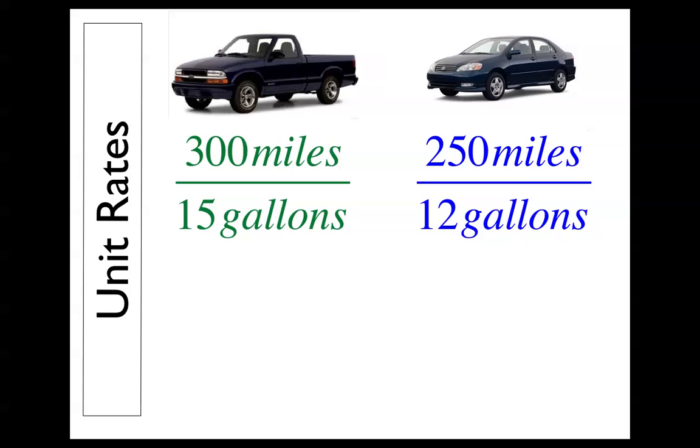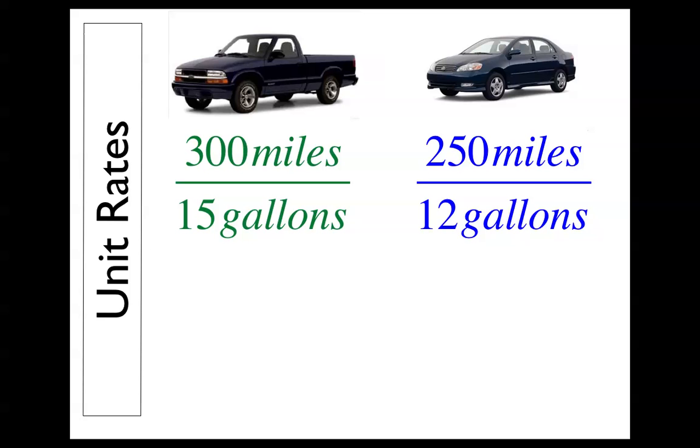But I wanted to know which of these two cars gets better gas mileage, better fuel economy, which one has more miles per gallon. Because if I'm going to sacrifice my manhood and get rid of my truck, I'd at least like to know that I'm not burning as much gas per mile.